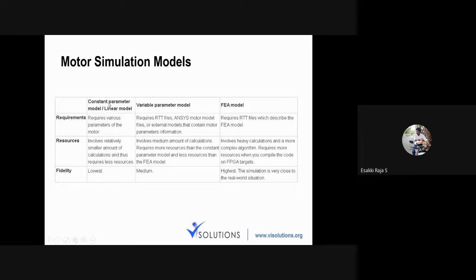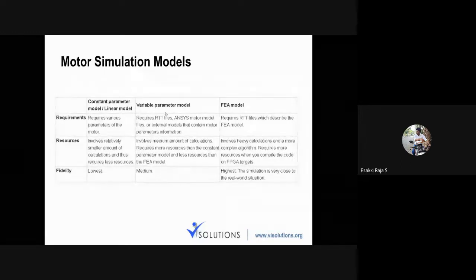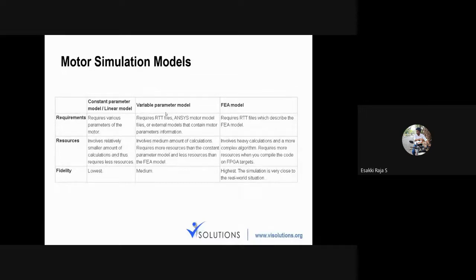Compared to the constant parameter model, in the variable parameter model we'll be using more parameters to simulate the motor. And as it has more parameters, it needs more memory to simulate.